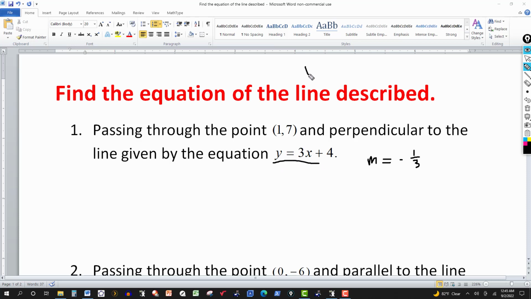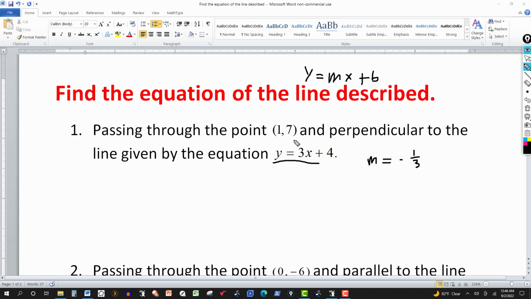If you have the equation of a line written in this form, y = mx + b, the coefficient of the x is the slope, and b would be the y-intercept. So the slope of the given line is 3. The negative reciprocal of that is -1/3.